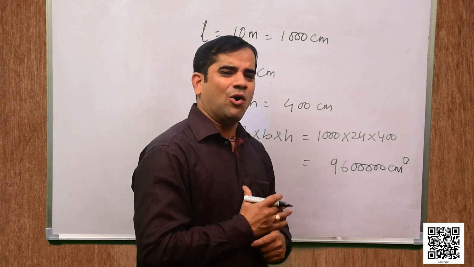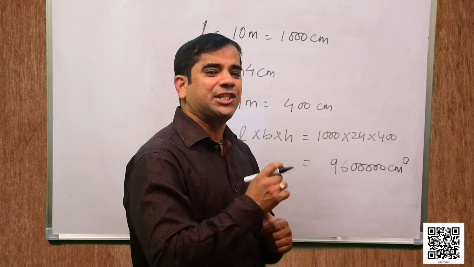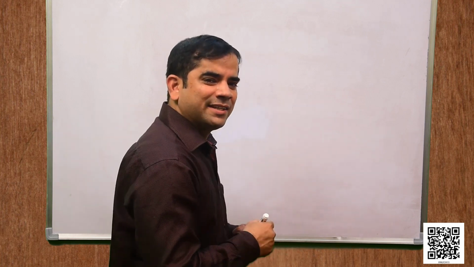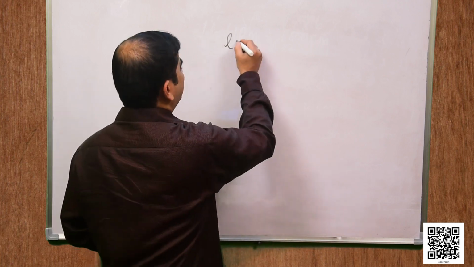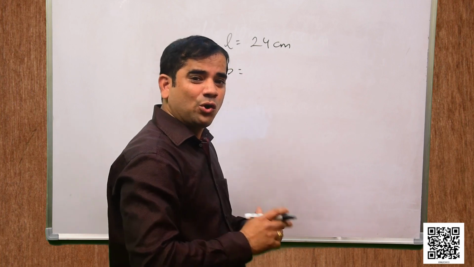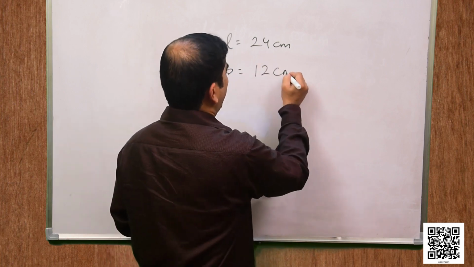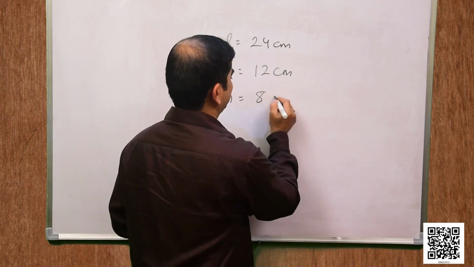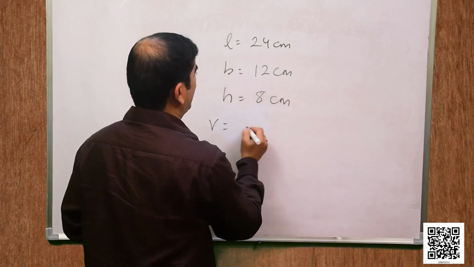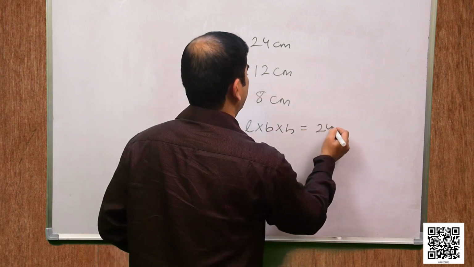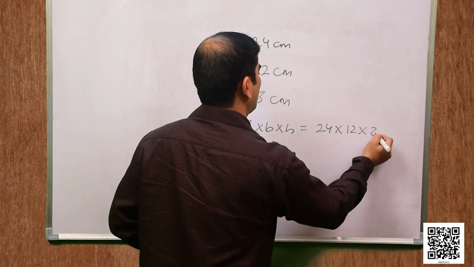Okay. So, now let us find the volume of each brick. What are the dimensions of the brick? The brick is of length 24 centimeter, breadth equal to 12 centimeter and height equal to 8 centimeter. So, the volume of each brick will be length into breadth into height, that is equal to 24 into 12 into 8.